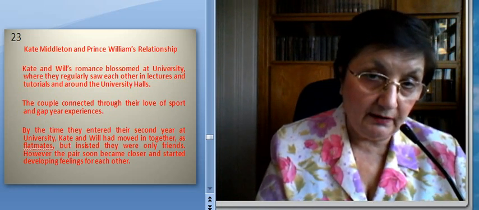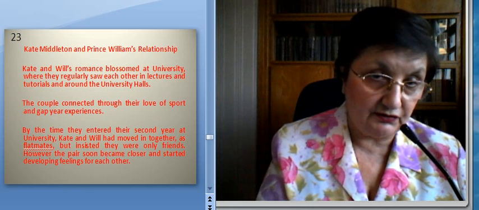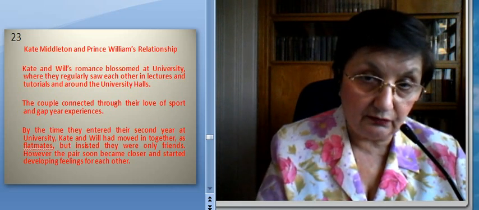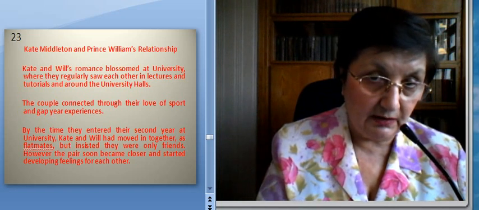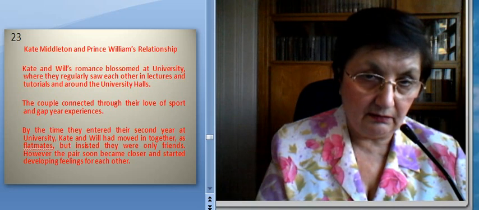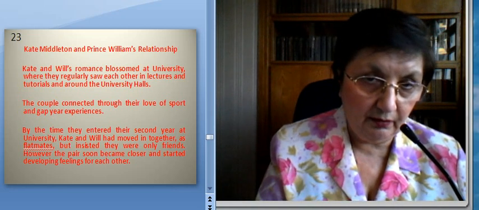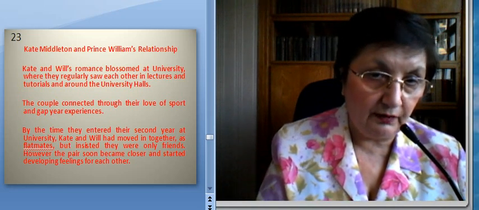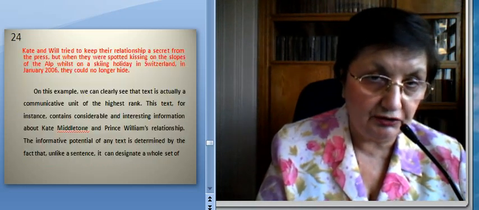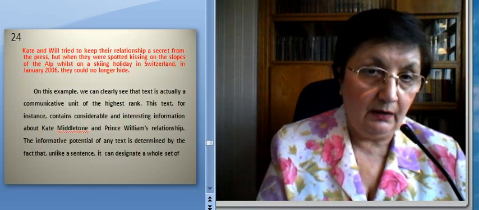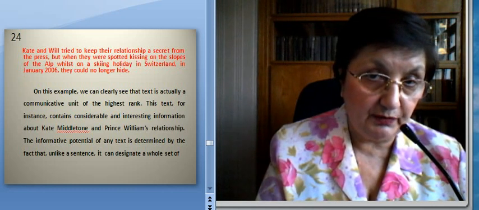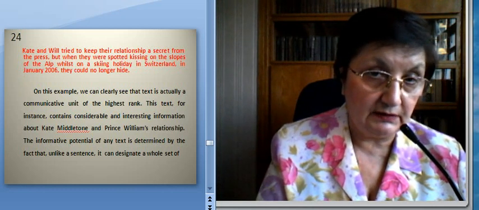However, the pair soon became closer and started developing feelings for each other. Kate and Will tried to keep their relationship a secret from the press, but when they were spotted kissing on the slopes of the Alps whilst on a skiing holiday in Switzerland in January 2006, they could no longer hide.